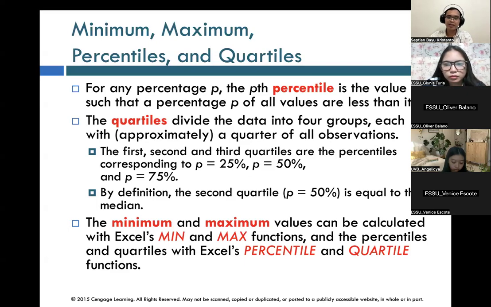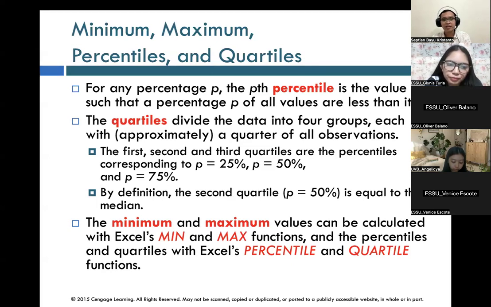The next measurements are the percentiles and quartiles, and the minimum and maximum. We start with the simple ones, the minimum and the maximum. The minimum is the smallest value in your range of data, and the maximum is the largest value.